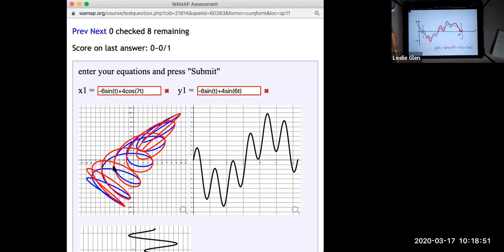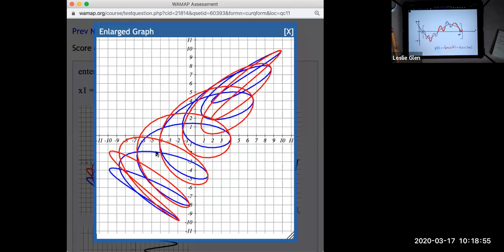See, within that little, let me make this bigger. Within this little window right here, the inside amplitude, if you will, x goes from -4 to 1 on both the red and the blue graphs. So in the x direction, I think my amplitudes and my periods and everything are okay. It's in the y direction that things are a little screwy.